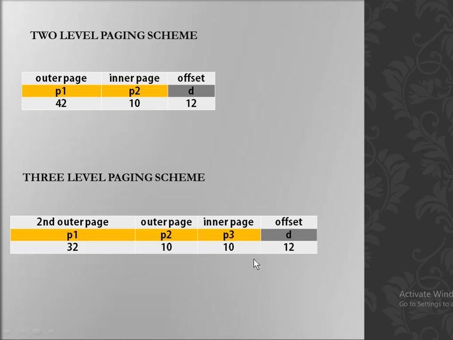Again, if the number of entries is more, it is very difficult to maintain this scheme. So for that we go with the second technique, that is the hashed page table. Here we use a hashing function to identify the hash table entries.